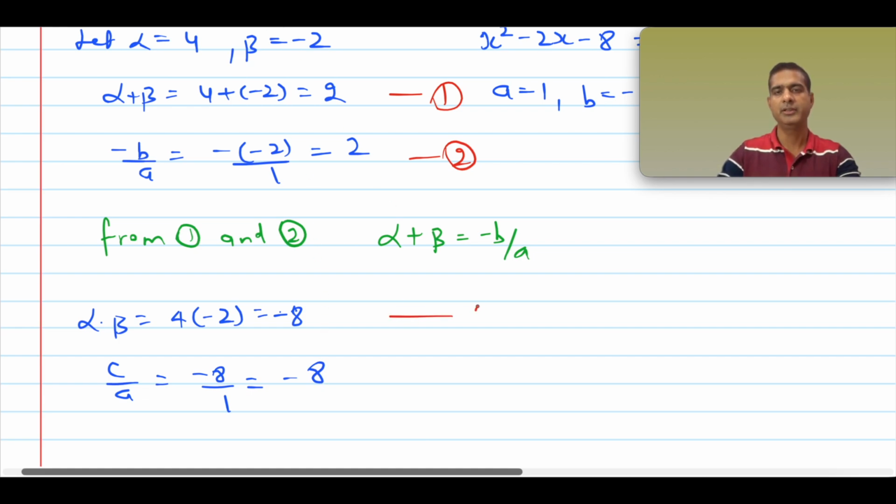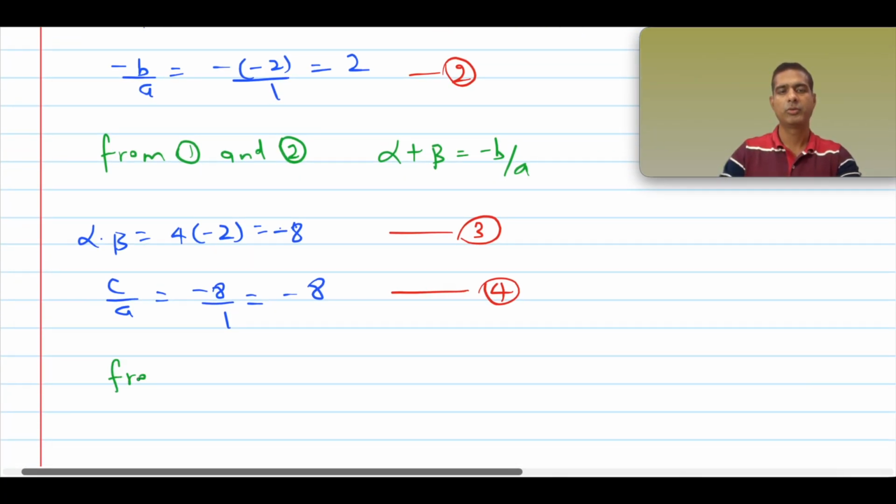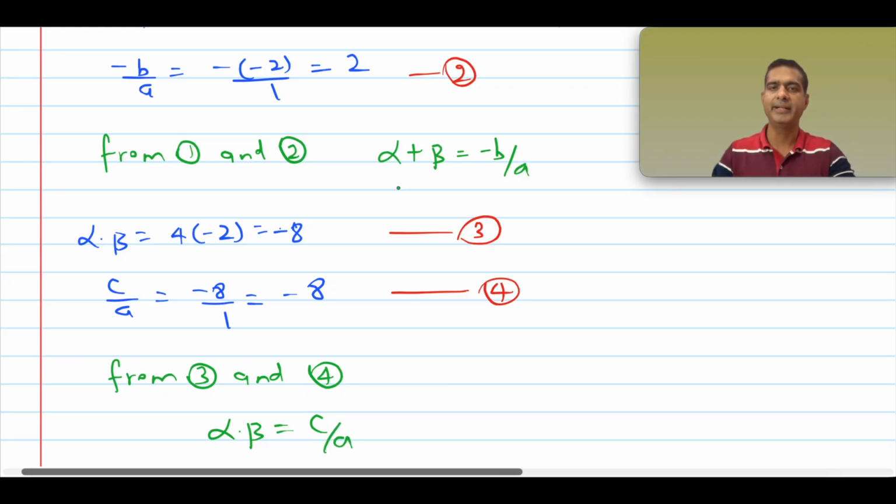So from 3 and 4, we can say the product of the roots, that is alpha into beta, is equal to c by a.